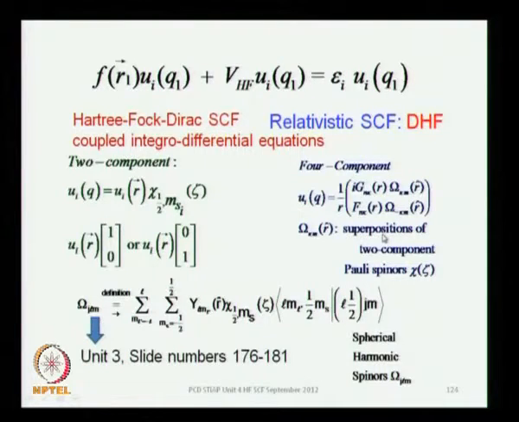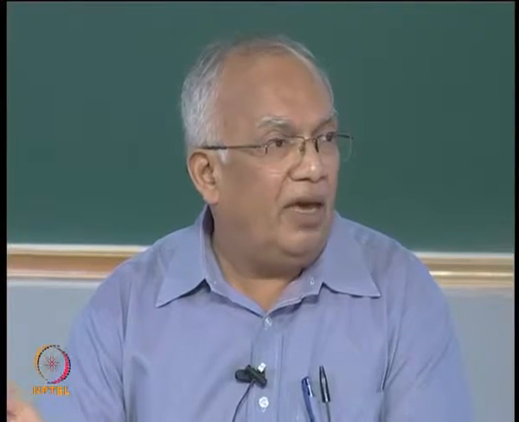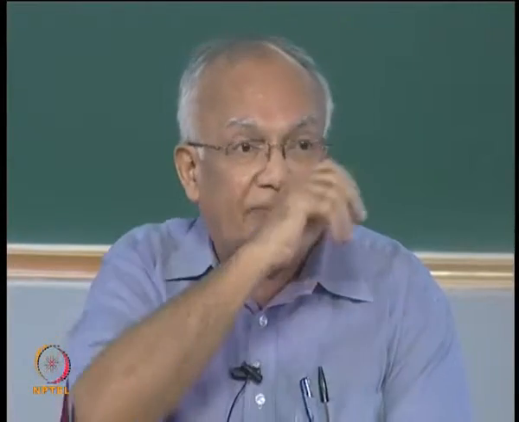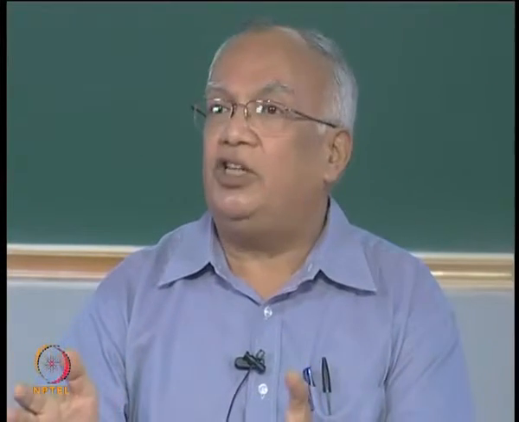So, using these you can go through exactly the same procedure, the same logic, and you would have effectively learned the relativistic Hartree-Fock as well. Everything is exactly the same. The whole approach to the relativistic problem is essentially the same.